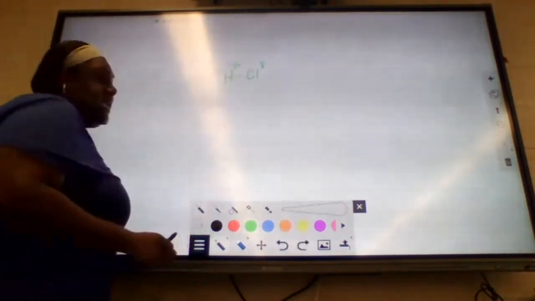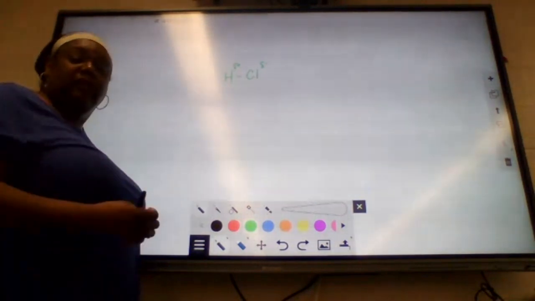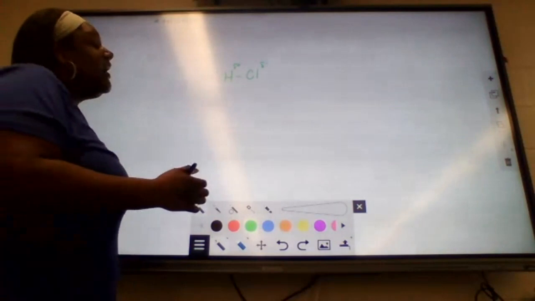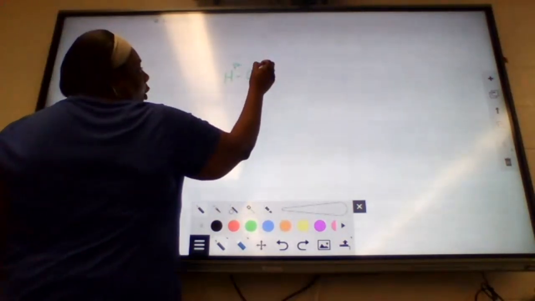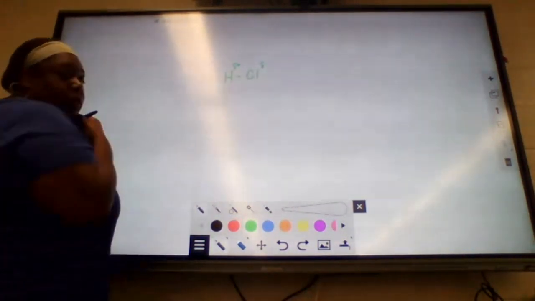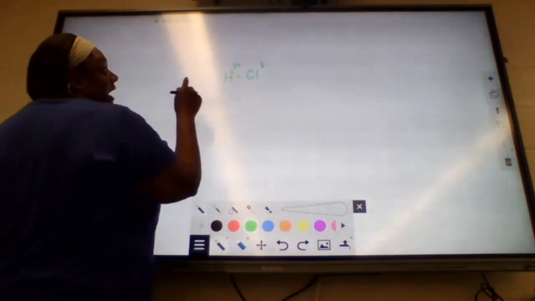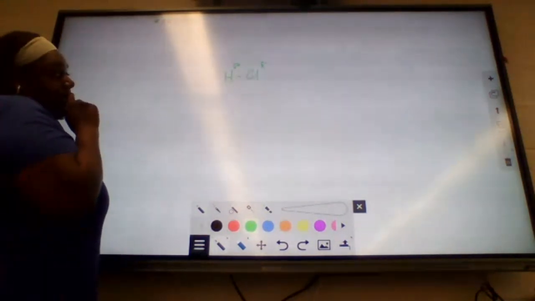What that means is that because it's more electronegative, it pulls the electron closer to it than to hydrogen. Because the electron is pulled closer to the chlorine, the chlorine looks like it has a partial negative charge. And because the electron is further away from the hydrogen, it induces a partial positive charge.